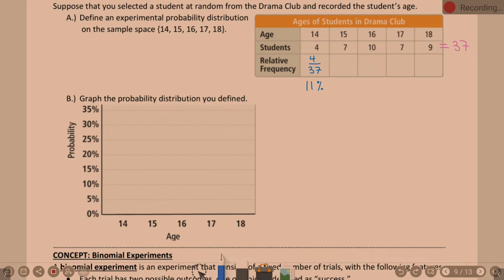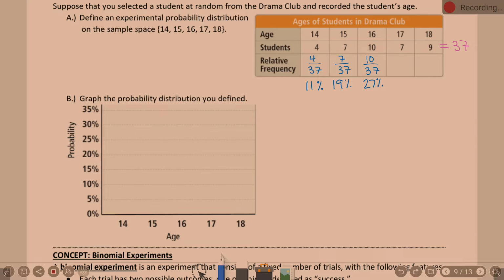Okay, what about students that are 15? 19. Okay, 19% is the nearest whole percent, and that's when you do 7 out of 37. What about students that are age 16? Okay, nearest whole percent is 27%, and that's after doing 10 out of 37 students.